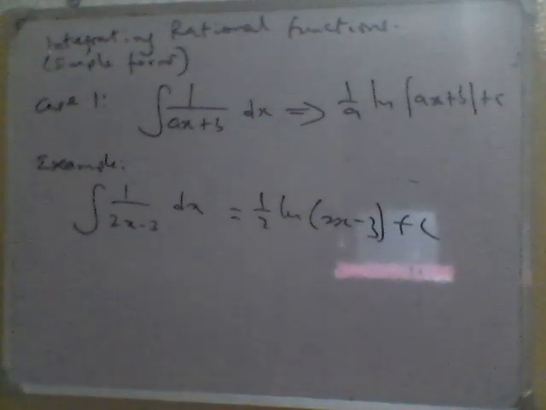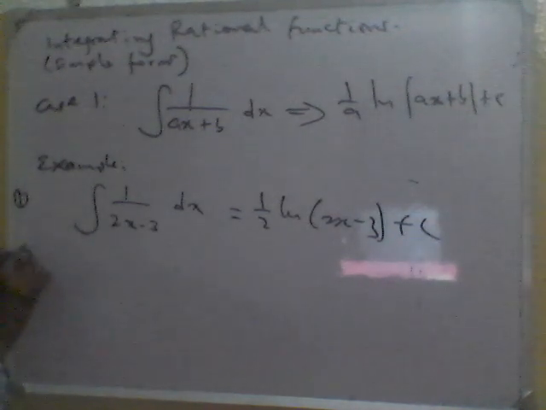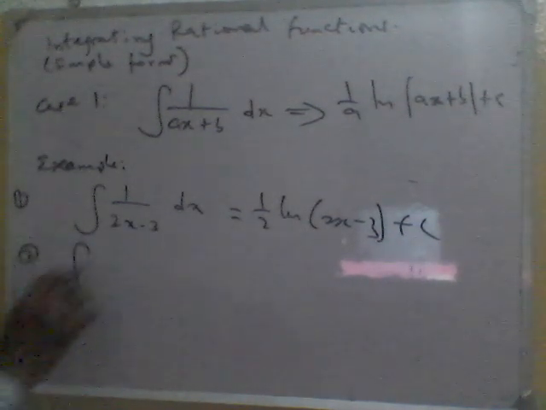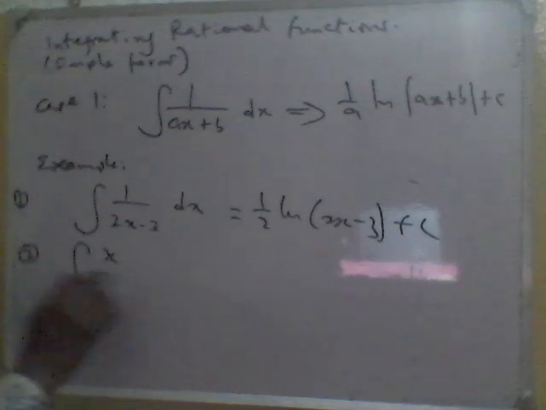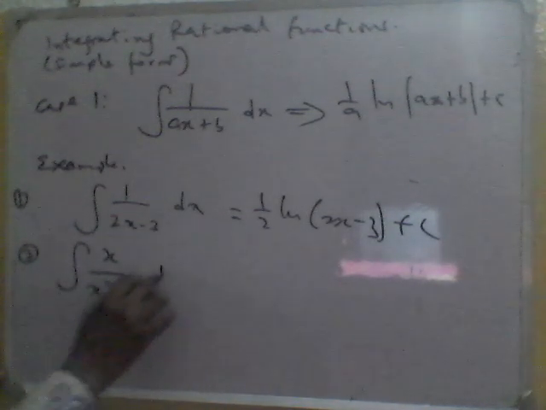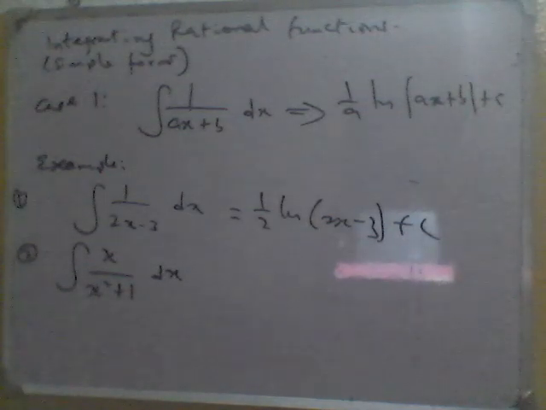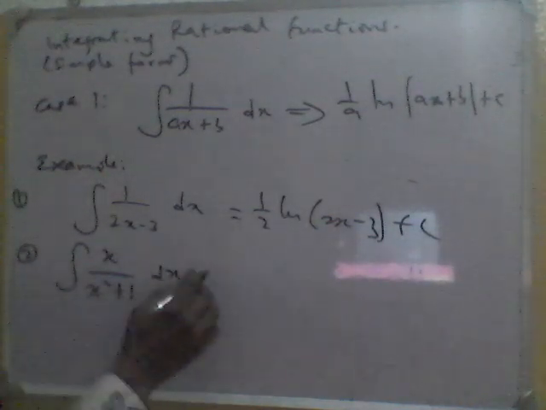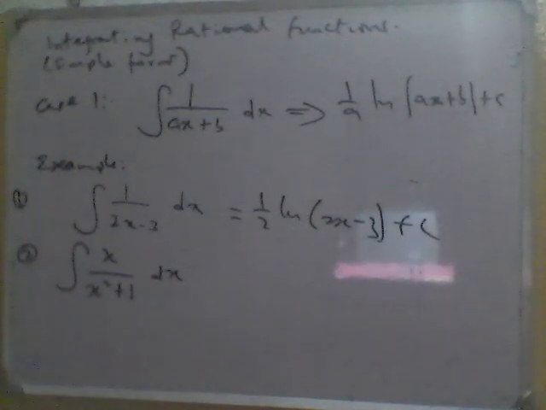Then for another case, another example, number 2. If I have the integral of x over x squared plus 1, then dx. Now this one, let me do it in a fresh page. So I want to integrate this.